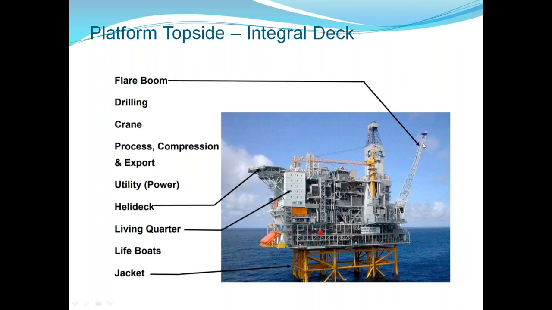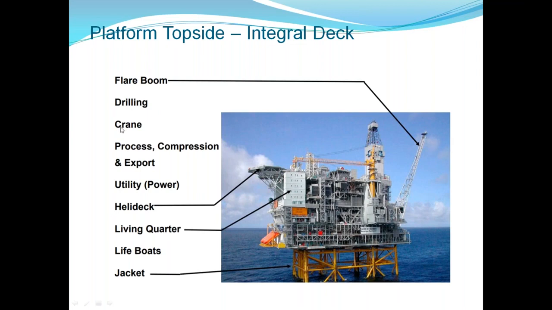Whatever the poisonous gas, we will flare it, fire it here itself, because it should not be transported to the next phase. That is called the flare boom. Since it will fire, we maintain a certain distance away from this platform. That's the reason it fires here.